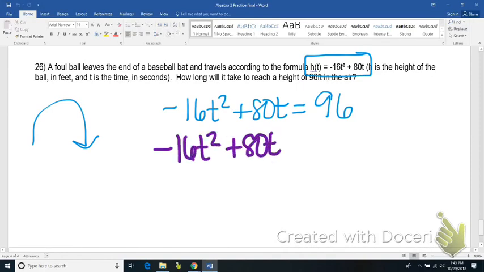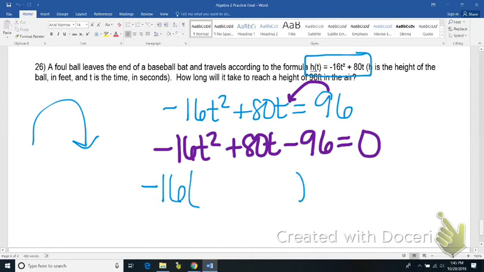So I'm just going to take this positive 96, I'm going to stick it right there on the end, and it will become negative. And what number can we always factor out of these kinds? Everything. Negative what? Negative 16. Factor that thing out of there. You don't want to mess with it anymore. So divide everything by negative 16.